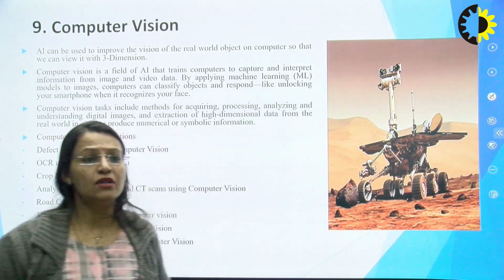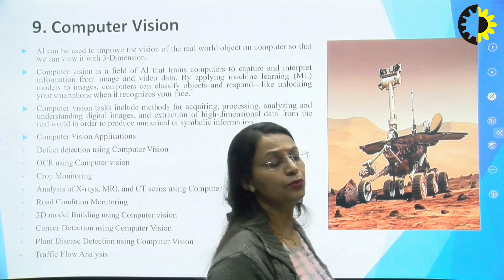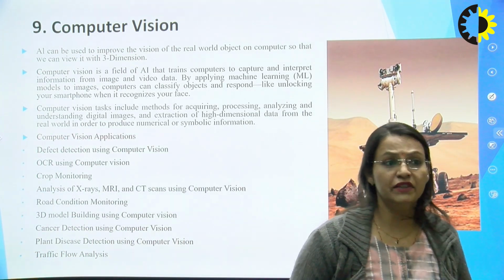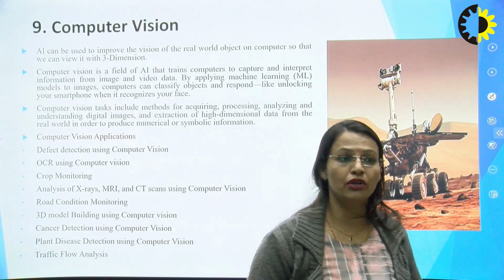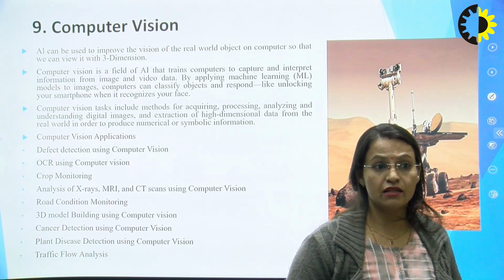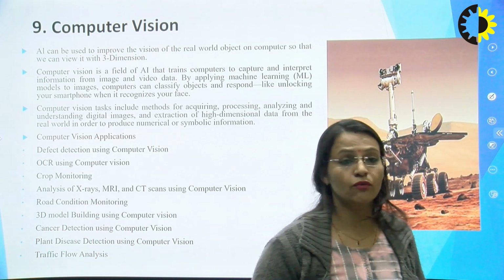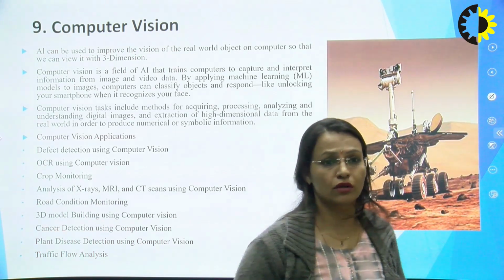Other examples of computer vision applications are OCR, defect detection systems, crop monitoring, road monitoring, X-ray analysis, MRIs, plant disease detection, and traffic flow analysis. These are very common examples of computer vision.